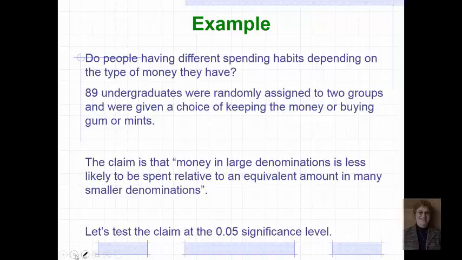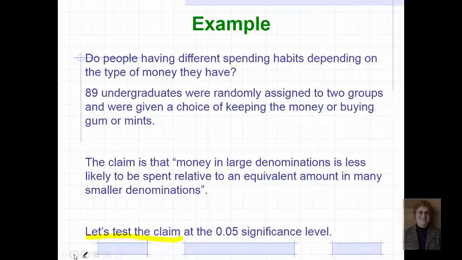The claim is that money in large denominations is less likely to be spent relative to an equivalent amount in many smaller denominations. And let's test the claim. Remember, let's test the claim.